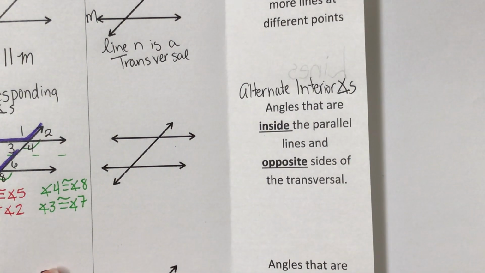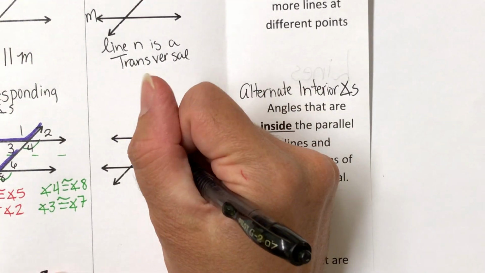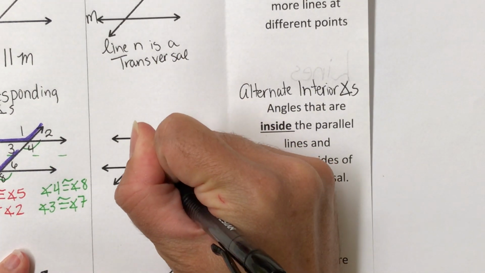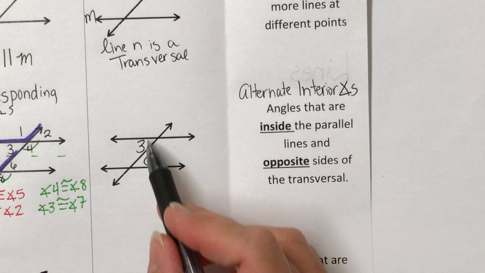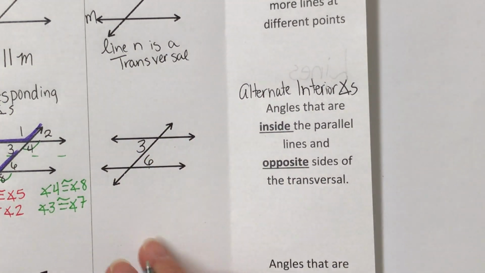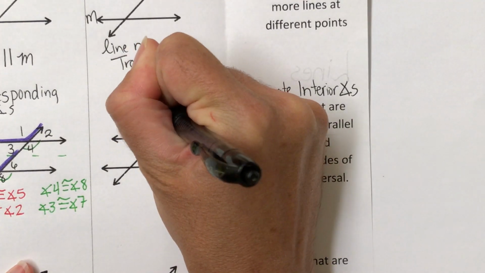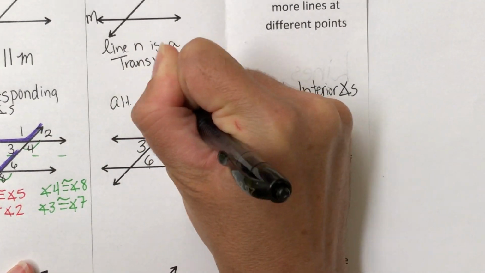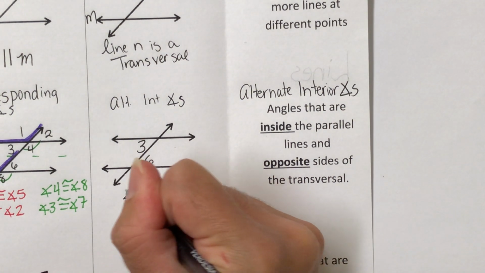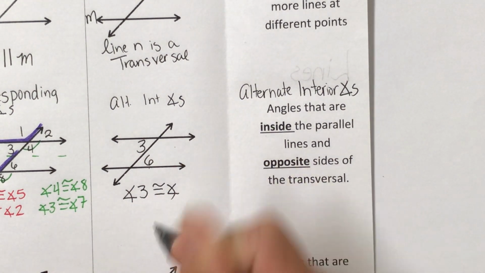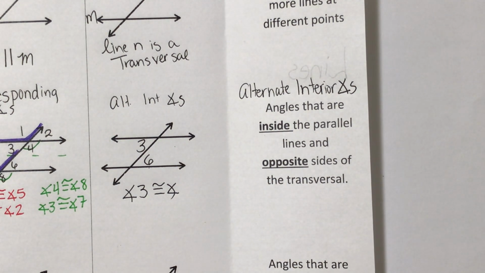So alternate interior angles would be angles like this one, angle 3, and angle 6. Angle 3 and angle 6 are alternate interior angles. And what's special about them is they're congruent to each other. So angle 3 is congruent to angle 6, and they're alternate interior angles.